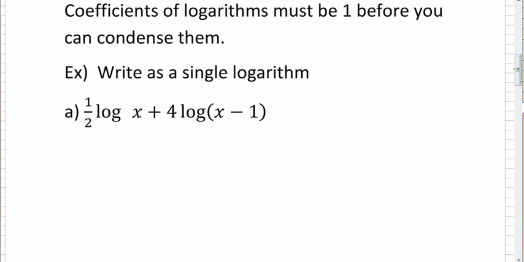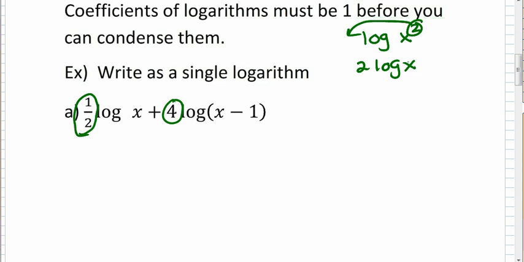You can also condense logarithms by taking the coefficients in front and rolling them back. Notice how this one has a 1/2 in front and a 4 in front. Because remember in the previous lesson, we talked about how if it was log of x squared, that you could take the exponent and roll it to the front to make it 2 log x.